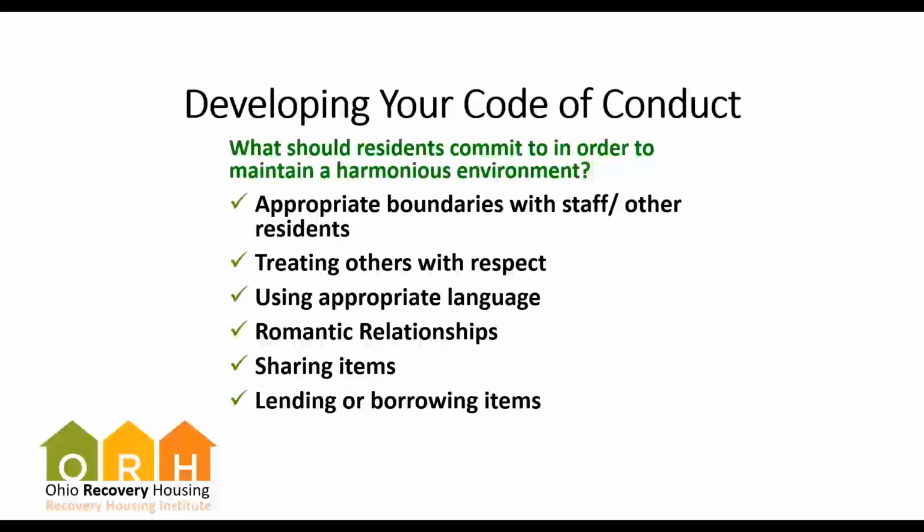Also, this is the other place where you're creating a harmonious environment for residents amongst each other. So include things about treating each other with respect, not stealing items from other residents, and what language is appropriate for residents to use in the house.